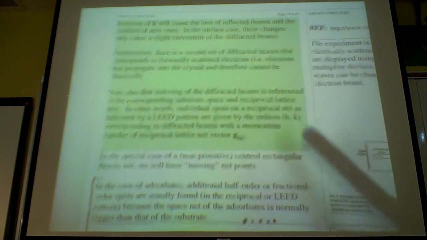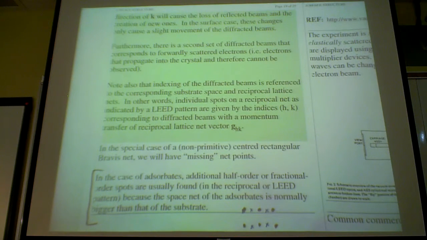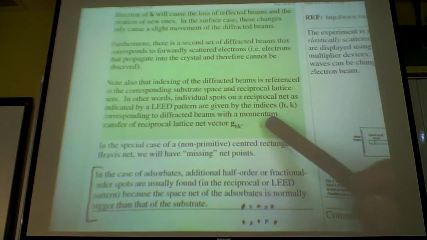And then you look for the weak spots if you have an overlayer, or you have reconstruction, or you have adsorbate. The weak spots will usually be the fractional spots, because these overlayer structures are usually larger, the unit cells are usually larger than the substrate one, and therefore you will see them within a single reciprocal space, because of course the length is 1 over, so if you have something greater in real space, you will have something smaller in reciprocal space.